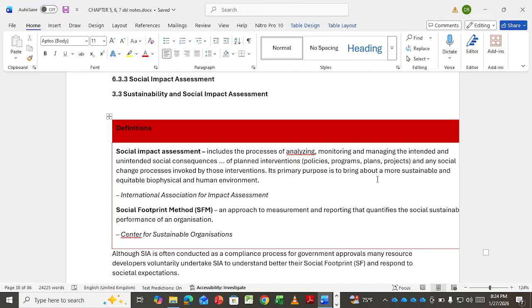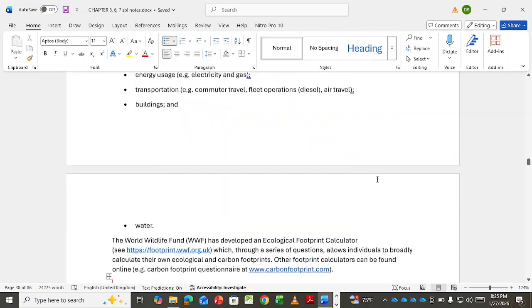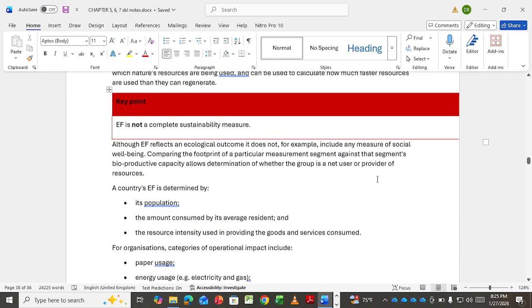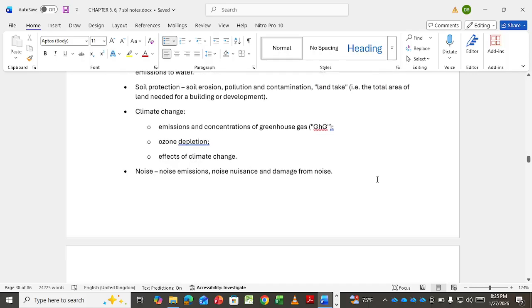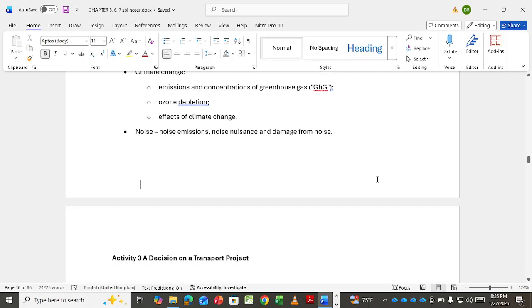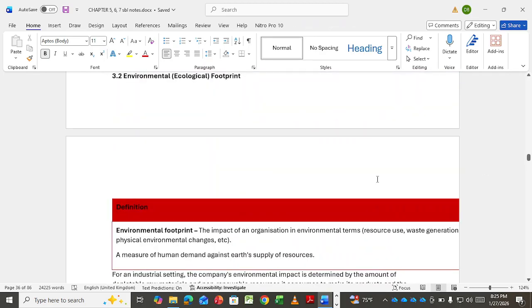Let me show you something before here. This one, environmental footprints.